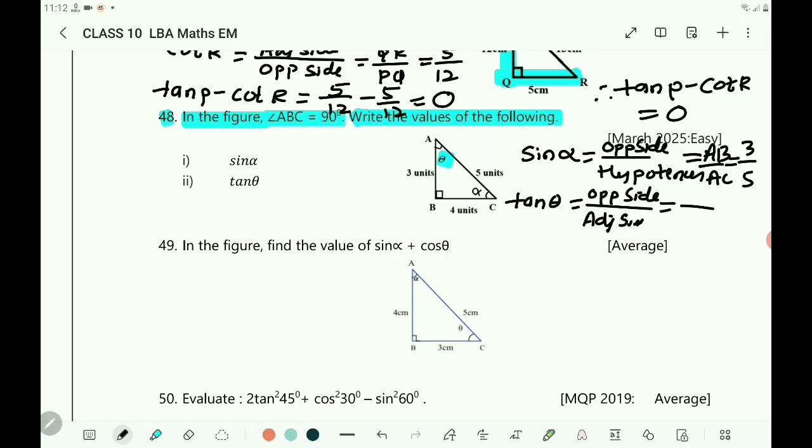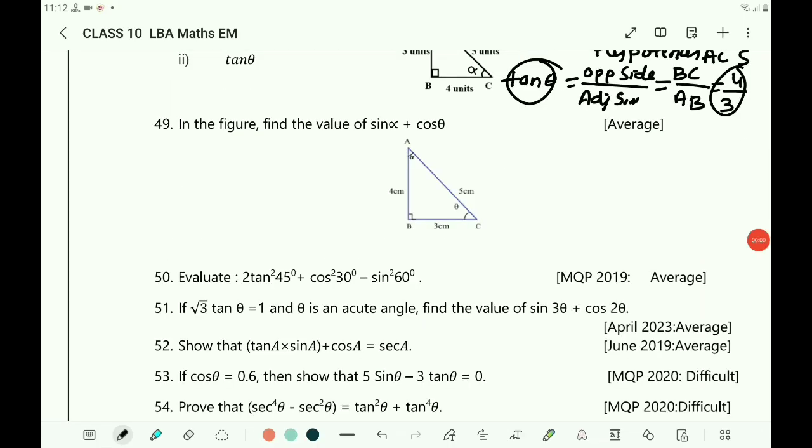BC is 4 and AB is 3, 4 by 3. So tan theta is 4 by 3.